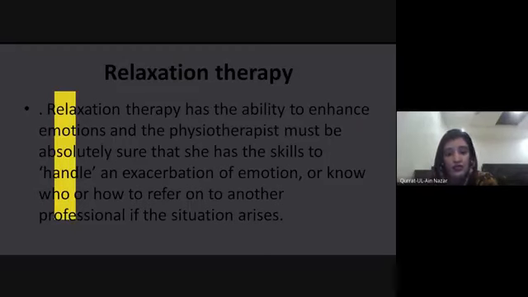If this therapy is taken in the wrong hands, then it actually creates some potential dangers.